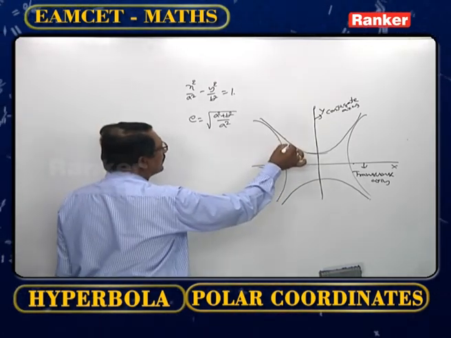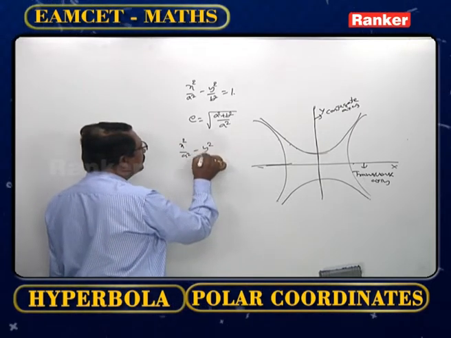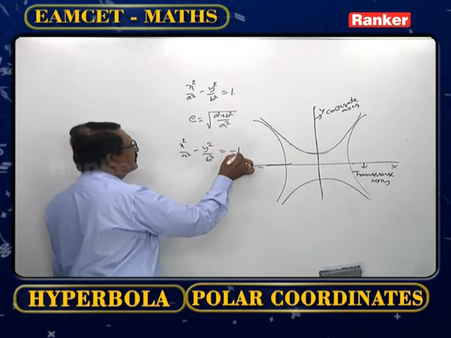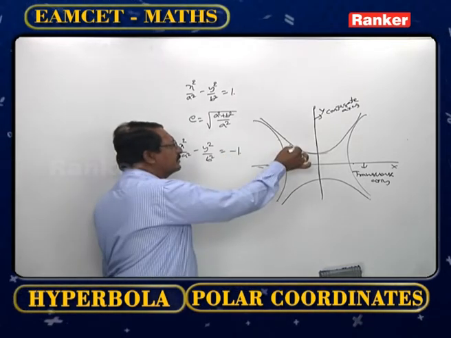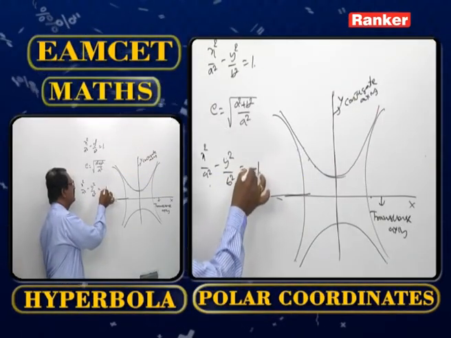The equation of the conjugate hyperbola is x square by a square minus y square by b square equals to minus 1. So the hyperbola is x square by a square minus y square by b square equals 1, and its conjugate hyperbola is x square by a square minus y square by b square equals to minus 1.